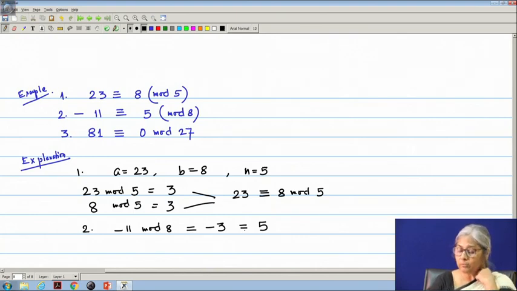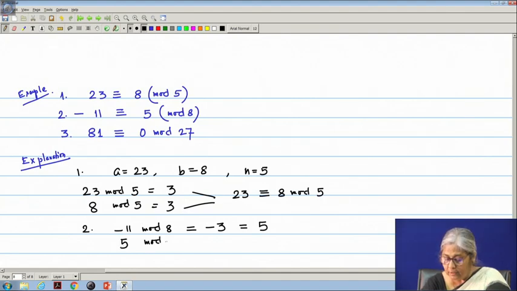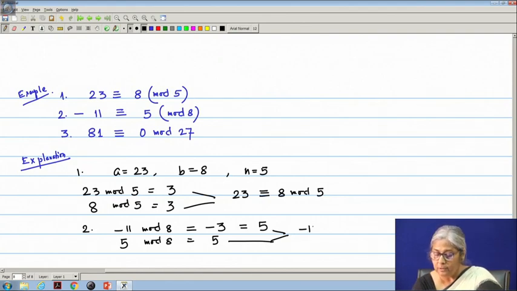One thing you note: if it is modulo 8 and I get x, and x is negative, like minus 3, then it is n plus x, that means 8 minus 3, 5, and 5 mod 8 is 5, because 5 is less than 8. So, 5 is the remainder only. So, from here I can write minus 11 is congruent to 5 modulo 8.